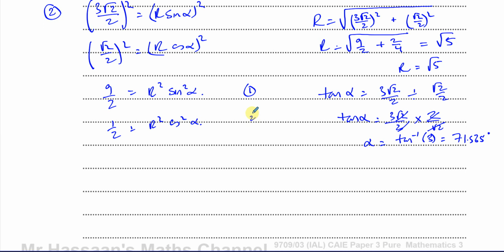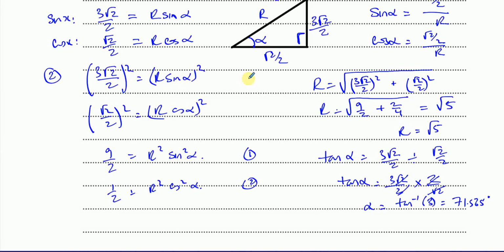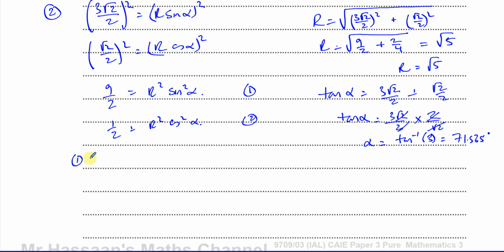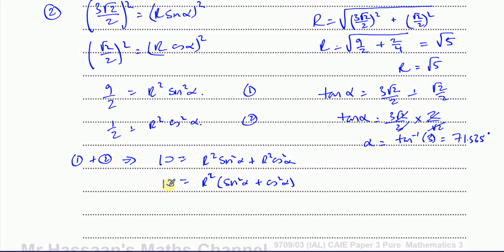If we add the two equations together, equation 1 plus equation 2, you end up with 10 over 2 equals r squared sine squared alpha plus r squared cosine squared alpha, which gives you r squared times sine squared alpha plus cosine squared alpha equals 5, not 10. That's a 5 there, because you have 9 plus 1, which is 10 over 2, which is 5.